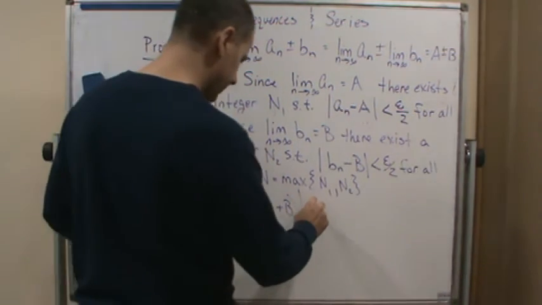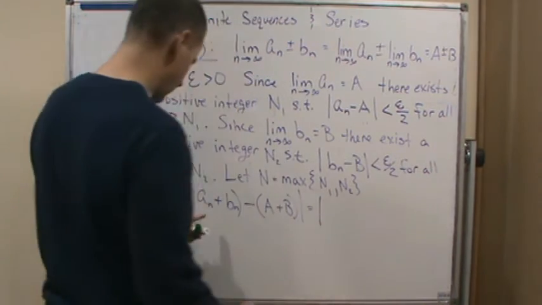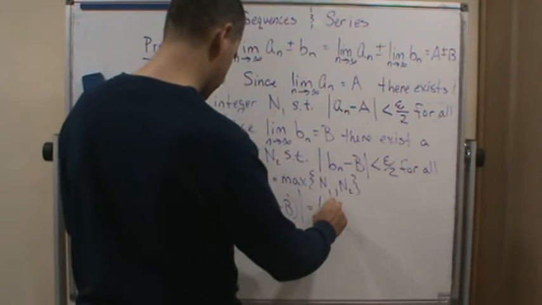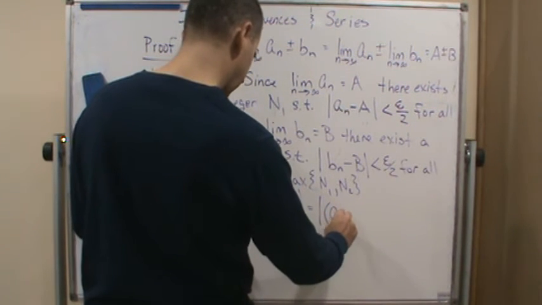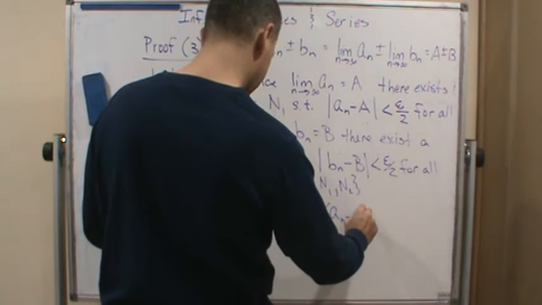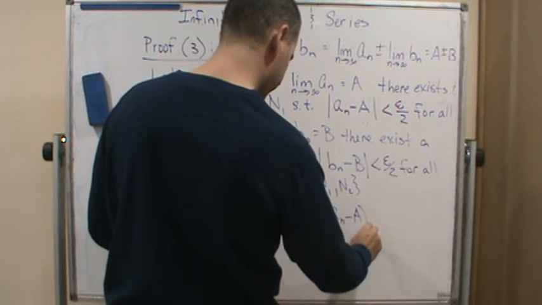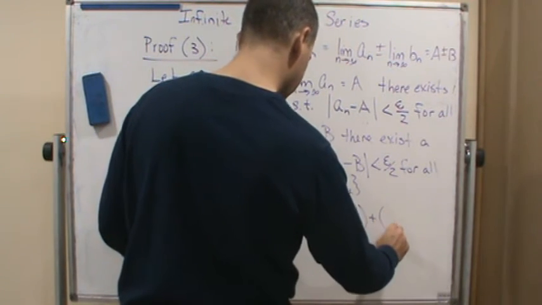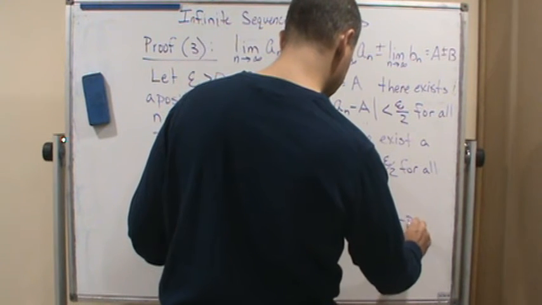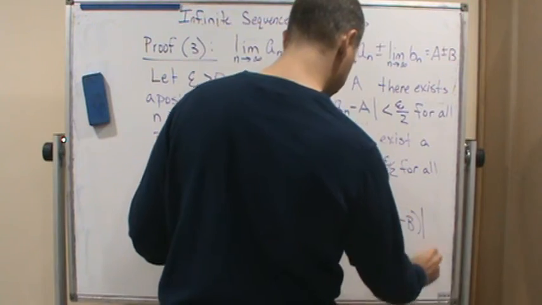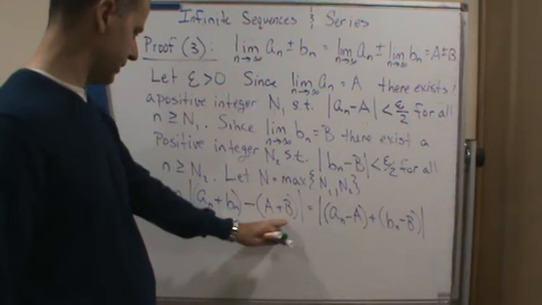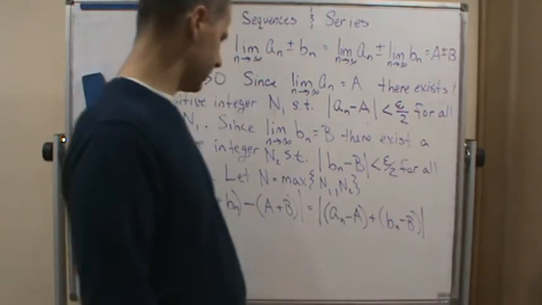So this is equal to, I'm going to distribute the minus sign, a sub n minus a plus b sub n minus b. So all I did was distribute the minus sign and rearrange things.